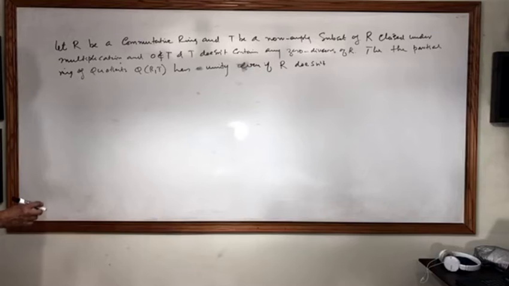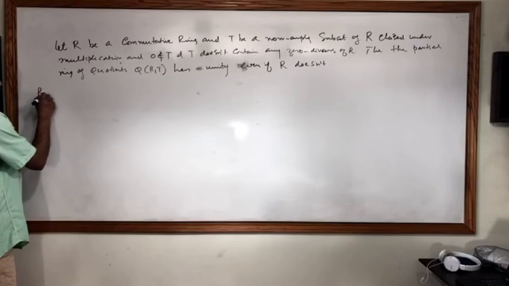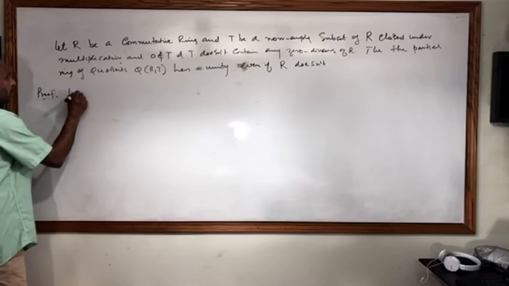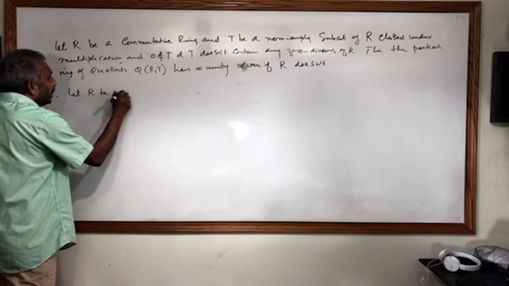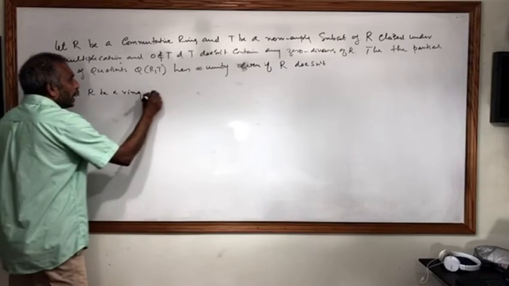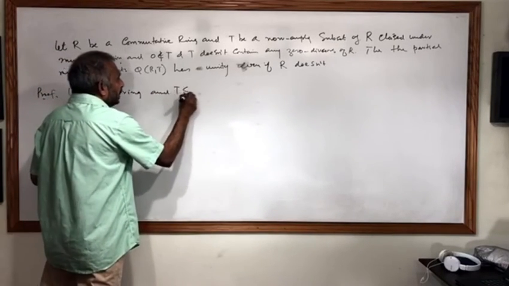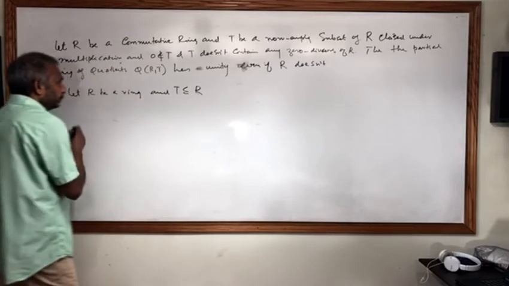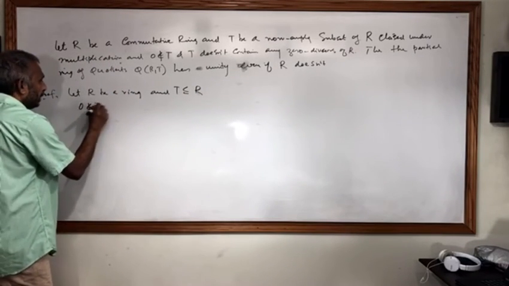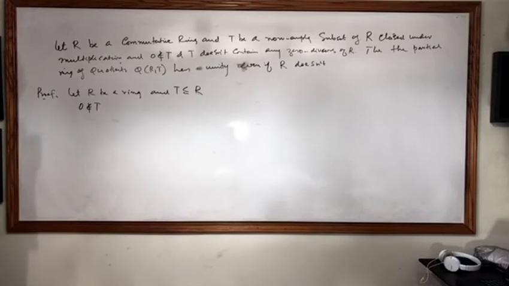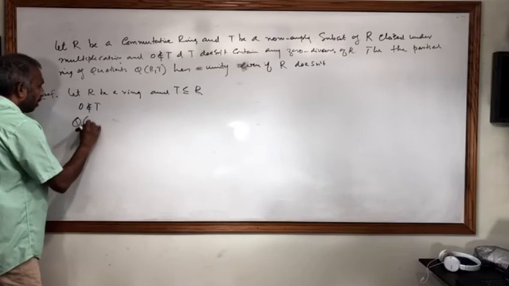It's a very simple problem. So let R be a ring and T a subset of R. 0 does not belong to T. Okay. Now what is Q of R, T?